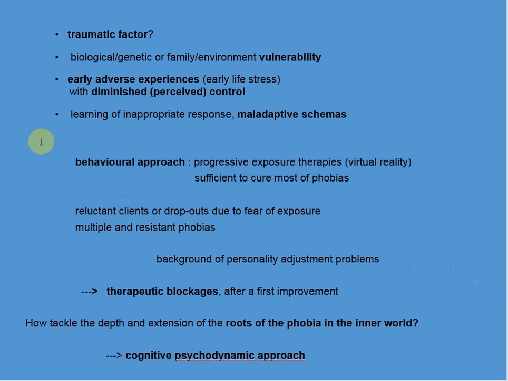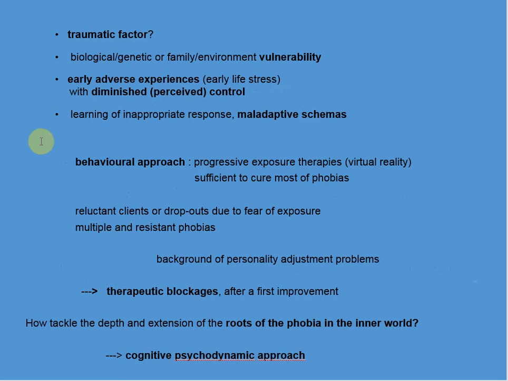So, in looking at a particular case of anxiety, there may well be a traumatic factor which can be clear. If people have a fear of dogs, for example, they may be able to describe an event that occurred to them when maybe they were attacked as a child. There may well be biological, genetic, or family and environment issues which suggest that the person might have a vulnerability.